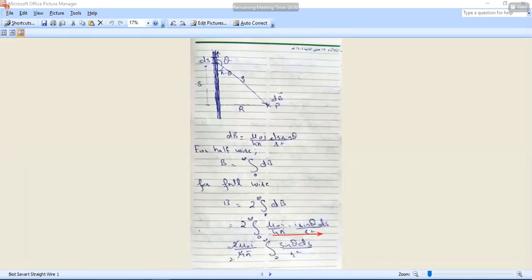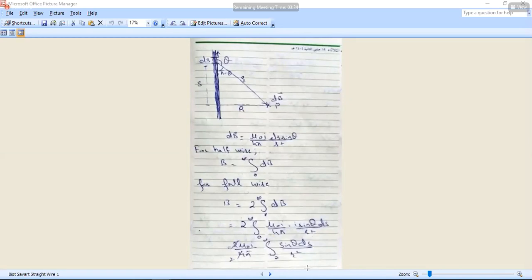Mu naught is the permeability, equal to 4 pi into 10 power minus 7. 4 pi itself is a constant, so the only variable quantities are sin theta over r square with ds, integrated from 0 to pi. We have taken the constant quantities out of the integral, and divided 4 by 2, and the result would be equal to mu naught I over 2 pi.